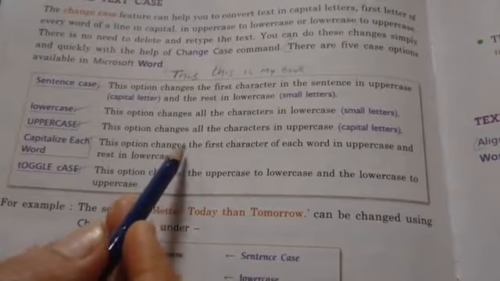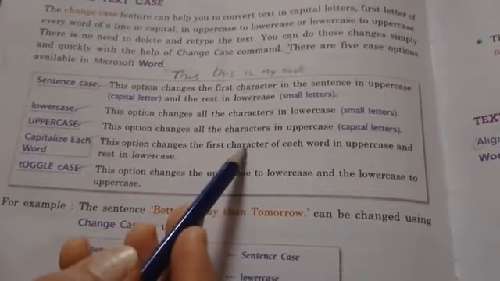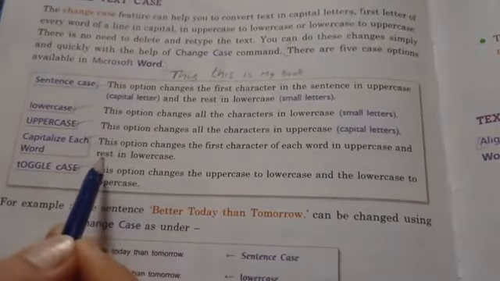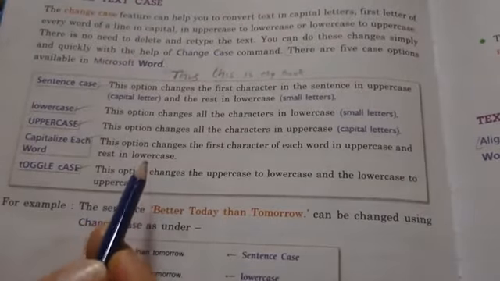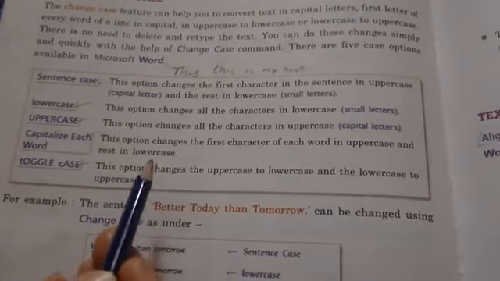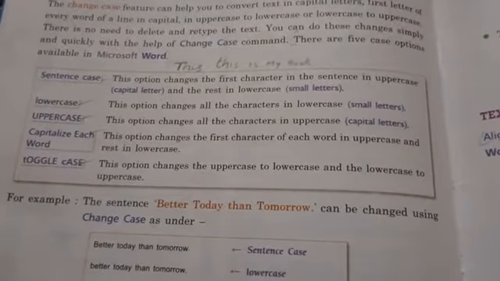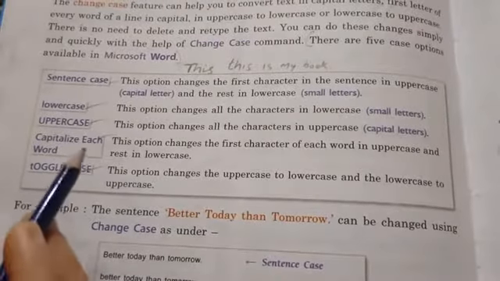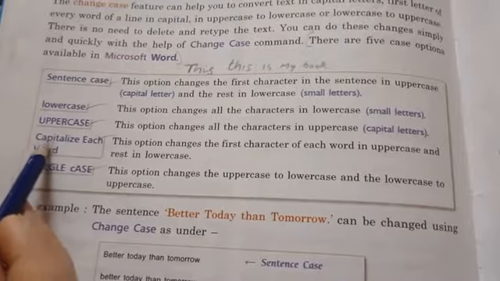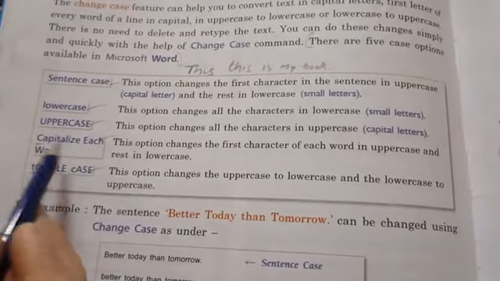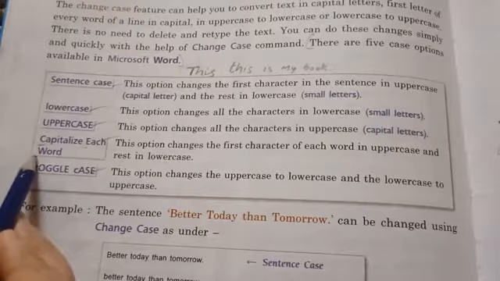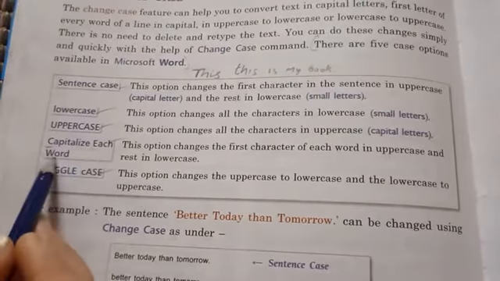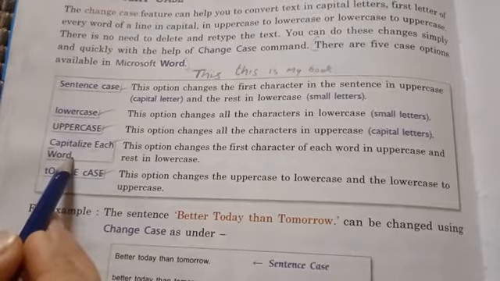This option changes the first character of each word to uppercase and the rest in lowercase. You can see the example here. Capitalize. C is capitalized, E is capitalized, W is capitalized, but other letters are small. This is the example.